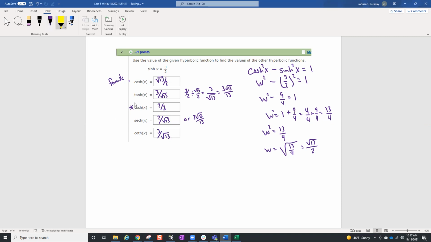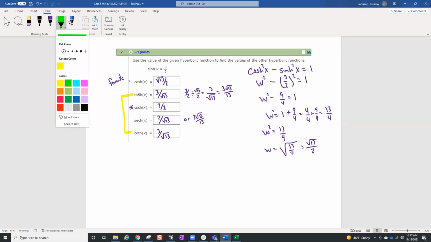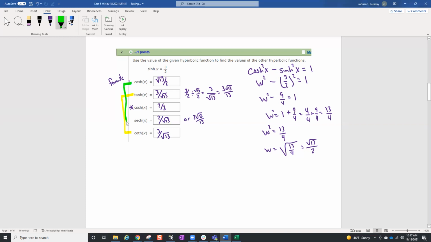so we know that these two are connected. And we know that, let's get a different color, green, these two are connected, cosine and secant. And of course, our hyperbolic sine and our hyperbolic cosecant are closely related in that they are reciprocals.